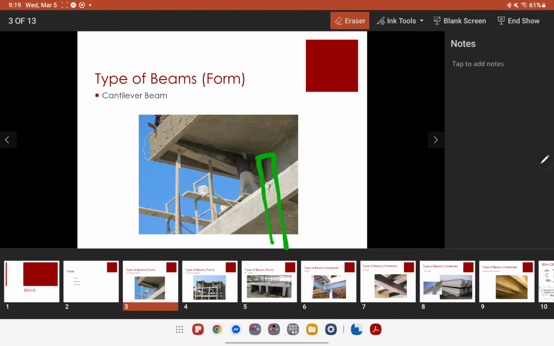See, this is supposedly a column, but you cannot see it because it's covered. So this is the column, and it carries this beam. So only one side of the beam is supported, while the other is a free end.